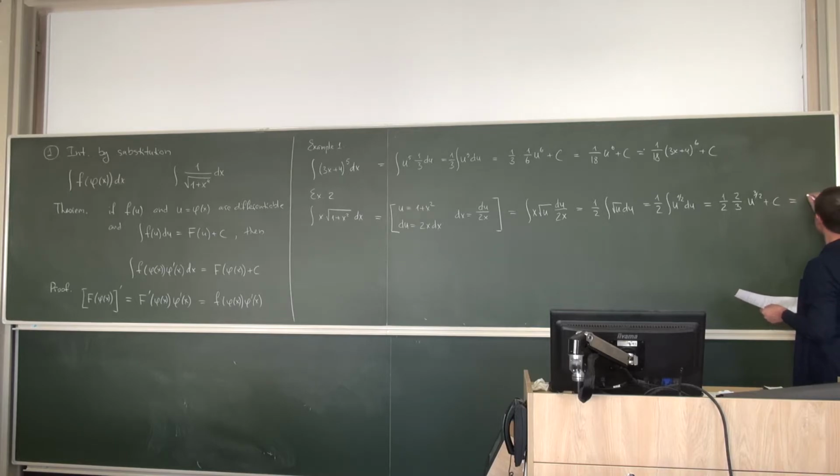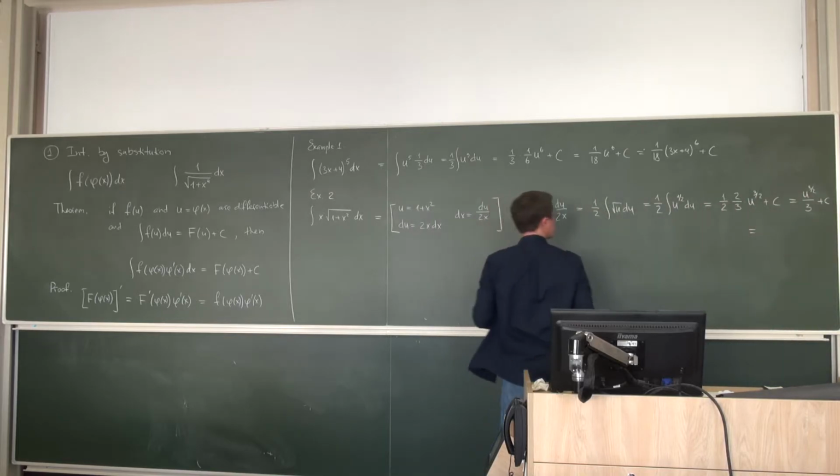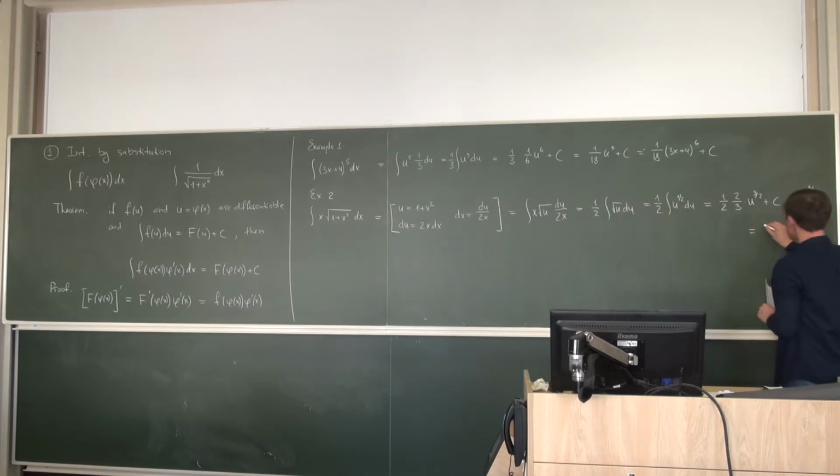Cosmetic simplifications, so u to the power 3/2 over 3 plus the constant. And finally, we need to reverse the substitution, because our u is 1 plus x squared. So this is 1/3, 1 plus x squared to the power 3/2 plus the constant.